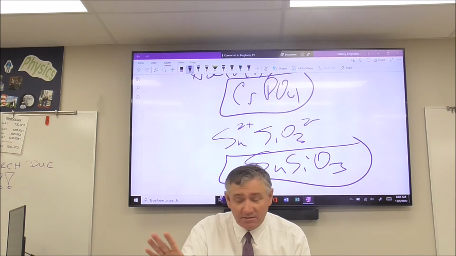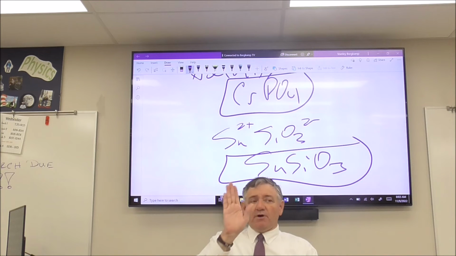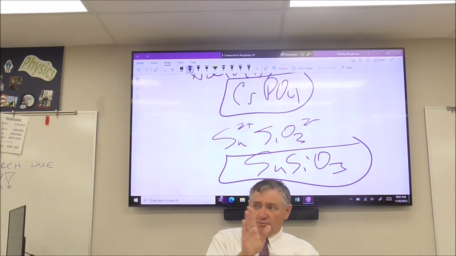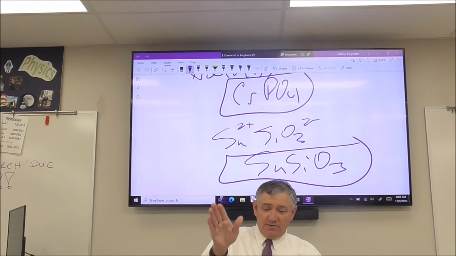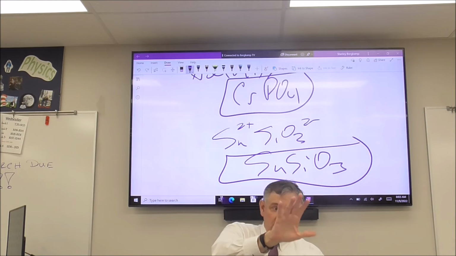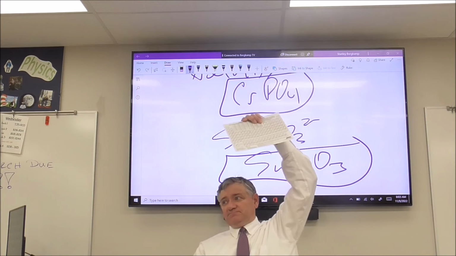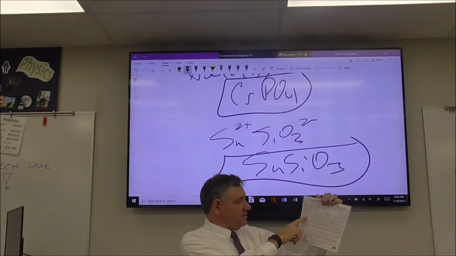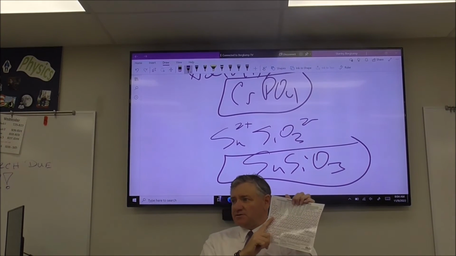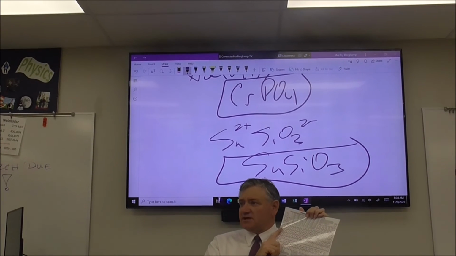Okay, here's my concern. This is why I lose sleep. You have to realize what you have available to you. Tomorrow on the test, you're going to have this periodic table. The cool thing about it is it shows you, for example, that calcium is +2. If you look very carefully, it shows you what the oxidation states are.